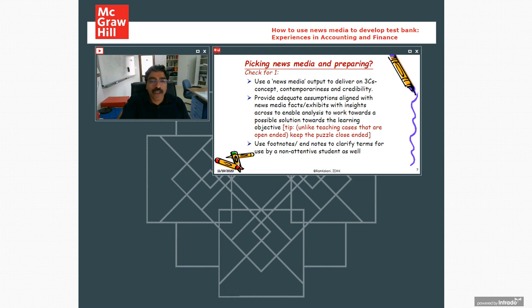What I would also like to say is, be very clear about the adequate assumptions and news media facts that are there. When you are making use of news media based test papers, there are a lot of assumptions which you would be making when you set the question paper.